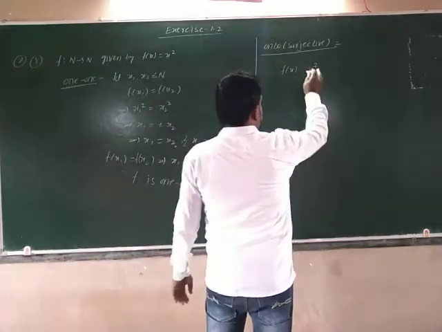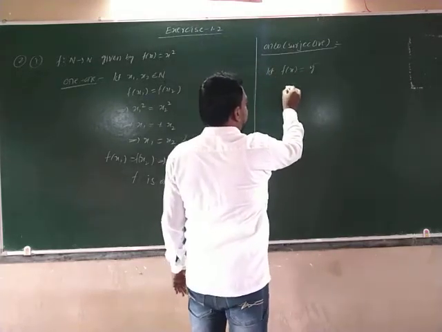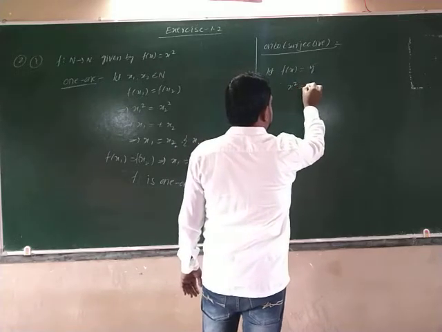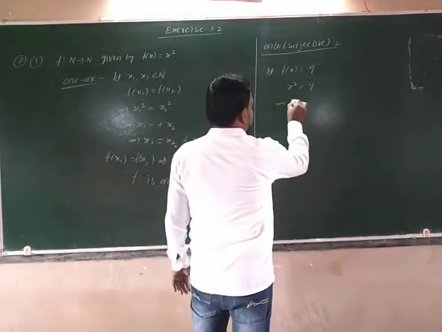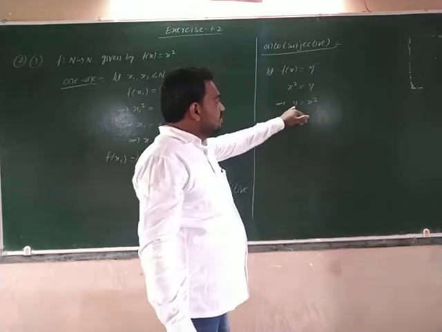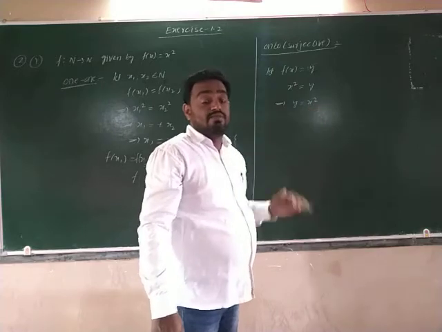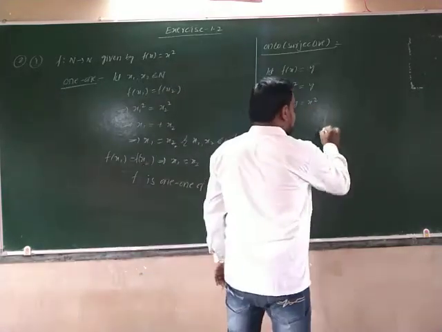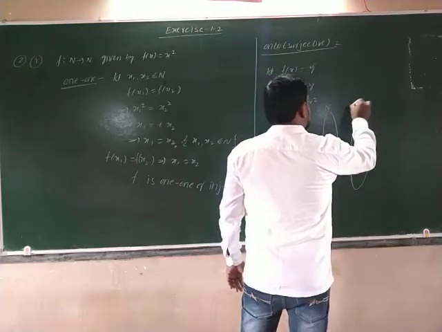Otherwise you will do one thing, f of x is equal to y. F of x is equal to x square. From this, nothing but y is equal to x square. That means y is related with squares of integers only. This is the natural number.